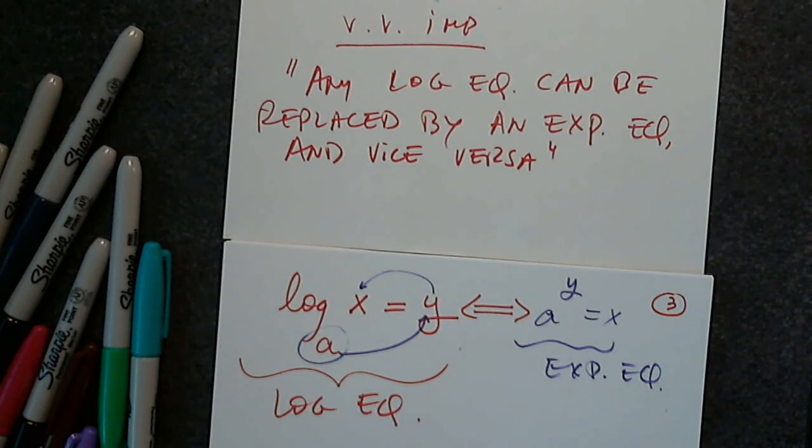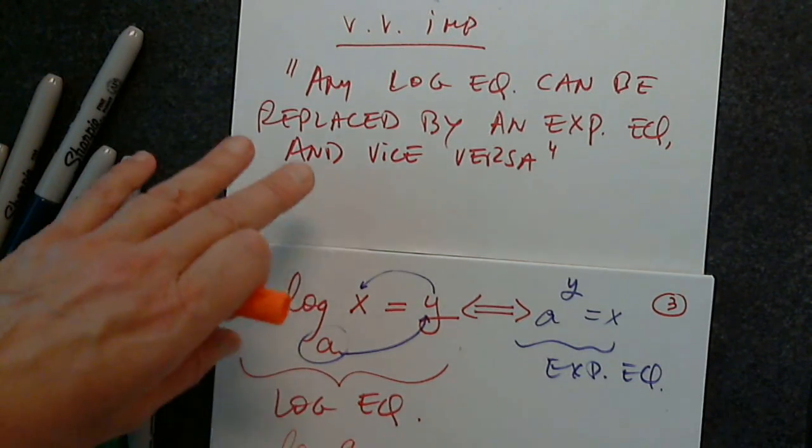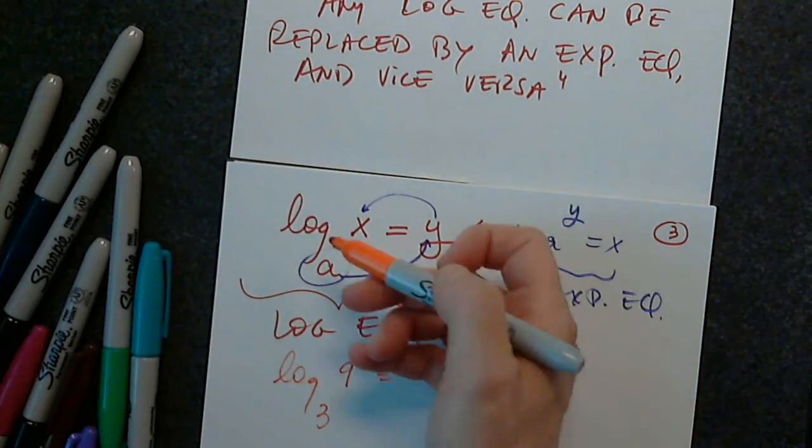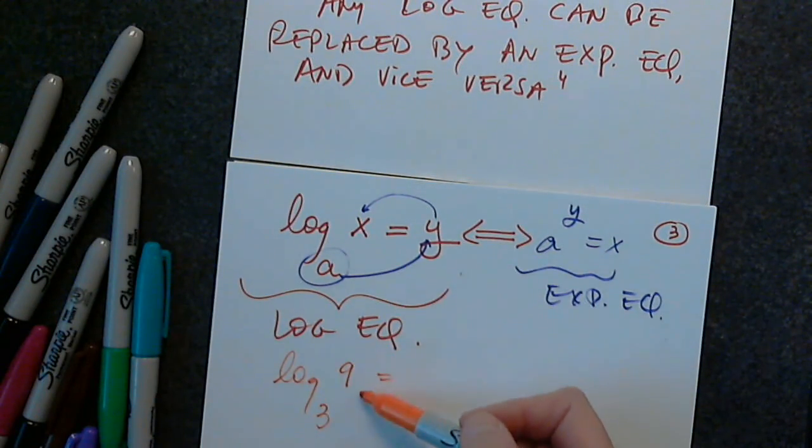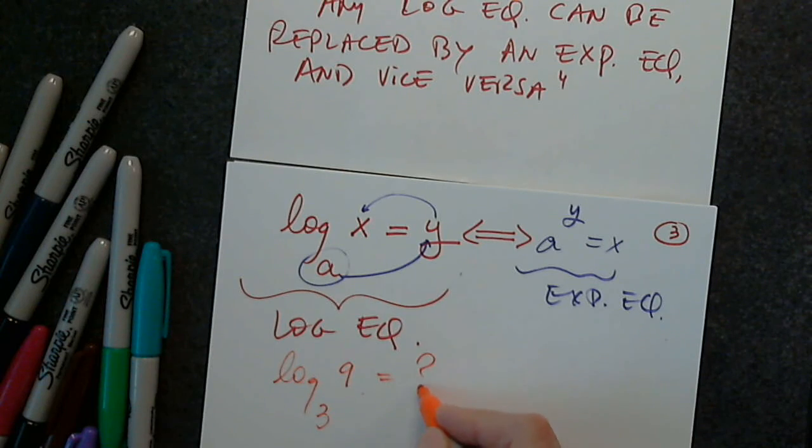Using this property, I hope to be able to convince you that log base 3 of 9 is, I don't know. I have no idea.